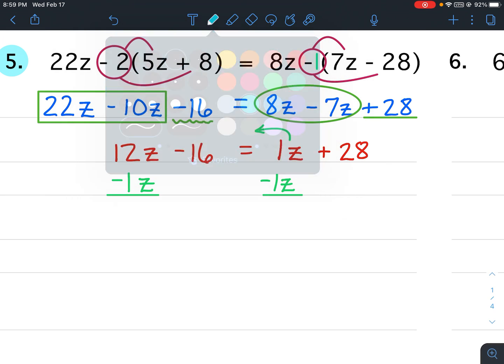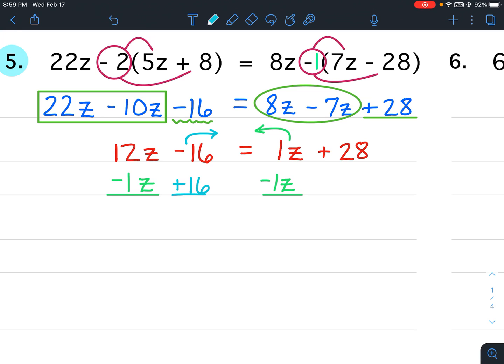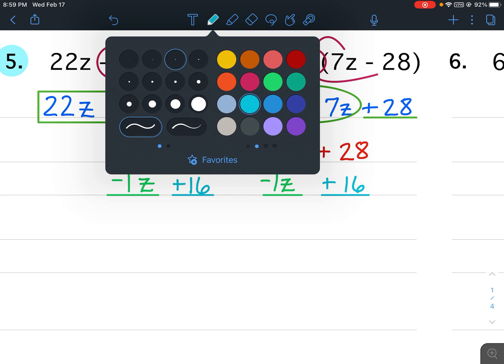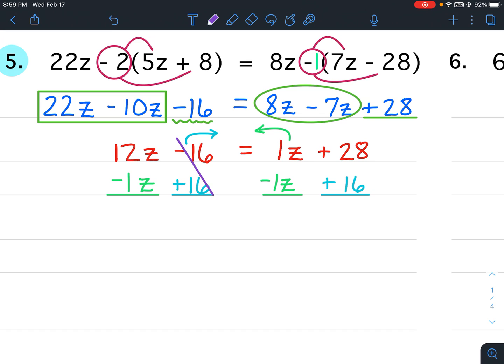And then, if I bring my variable to the left, I need to take my constant term to the right. Since it is a -16, the inverse operation would be to make it a positive 16. That allows me to cancel the constant terms on the left and the variable terms on the right.